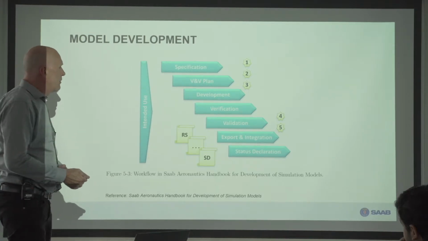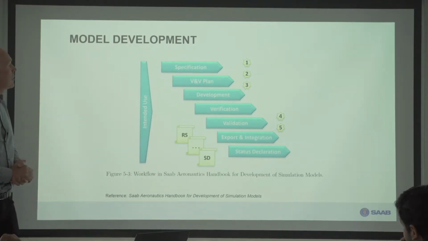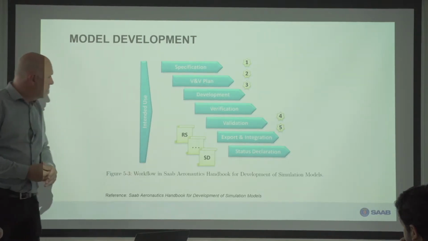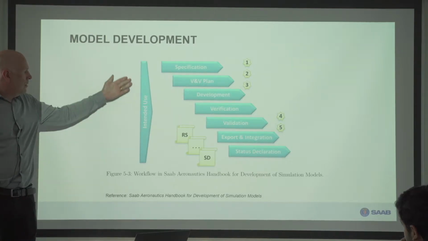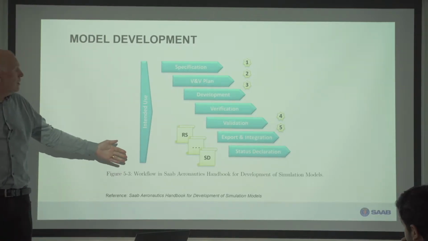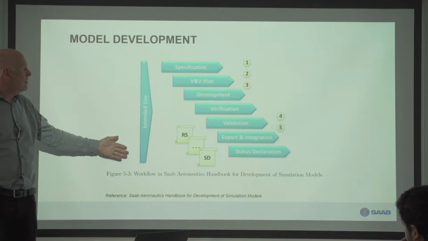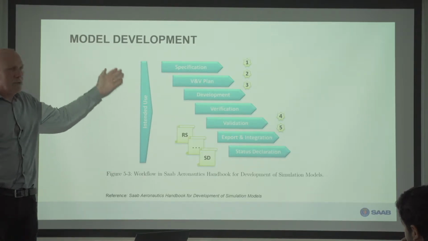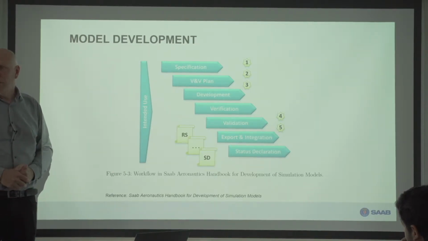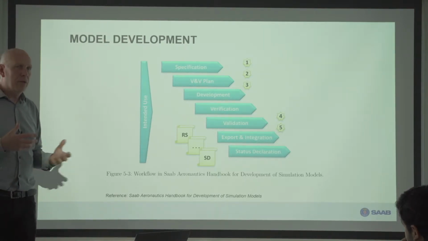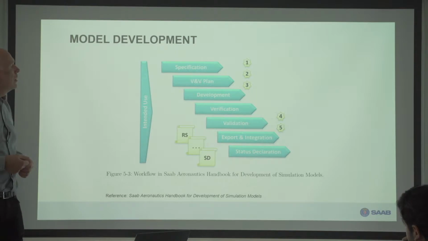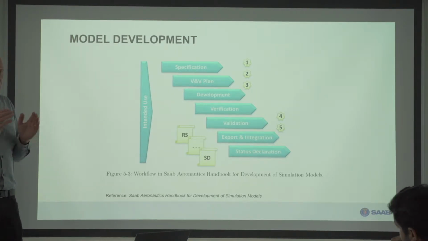So when it comes to developing models, we have this model development handbook. The very important thing is to specify the needs, the usage, the intended use of the model. Is it multi-purpose? Should it be included both in a training and a development simulator, for example? Or what kind of accuracy?